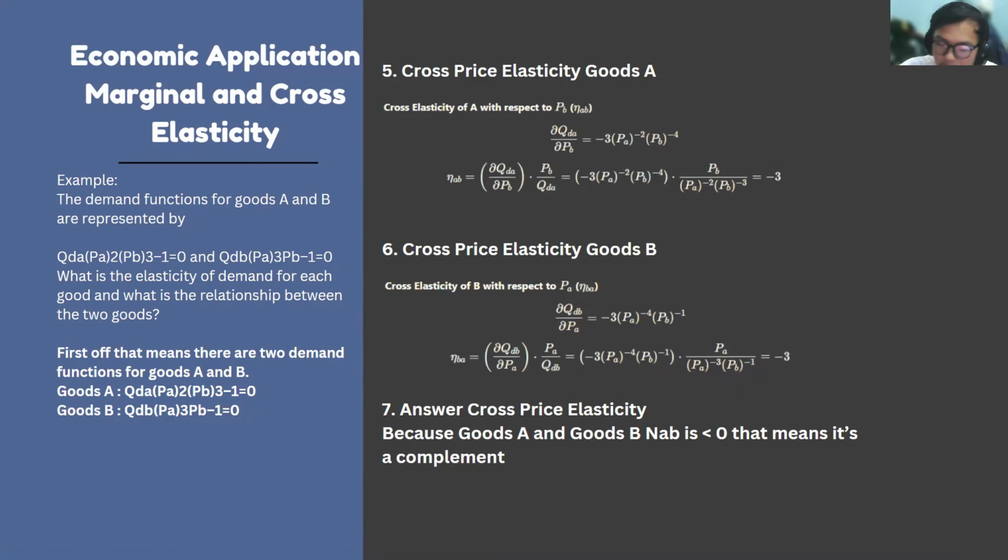That's why elasticity AB is less than 0, and the elasticity AB is minus 3. That means it's a complement. Why? Like I said previously, complements mean the goods complement each other. If one good reduces in something, then both of the goods will rise in demand.